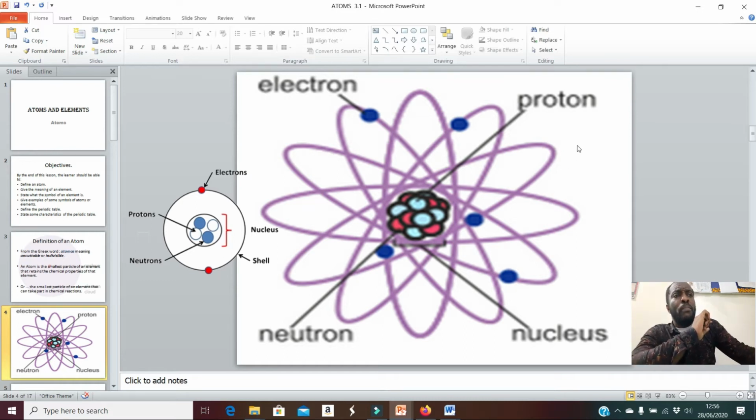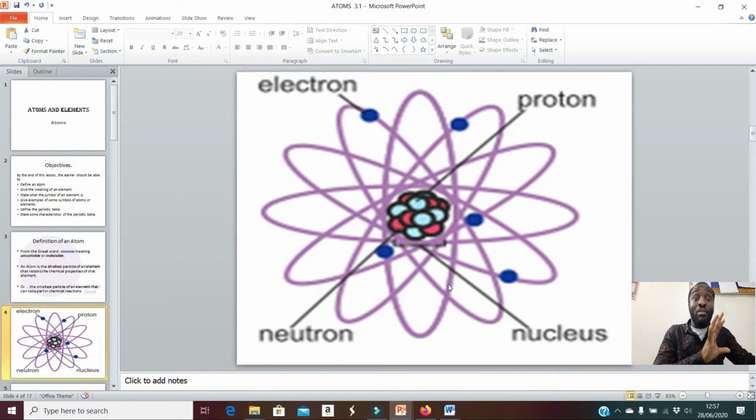These subatomic particles are the protons and the neutrons, which are all located at the center of the atom called the nucleus. We also find electrons that circulate or move about the atom in regions called the shells. So that is the structure of an atom.